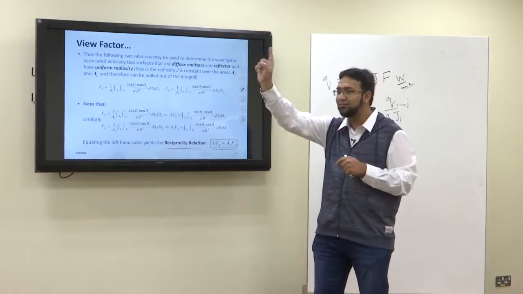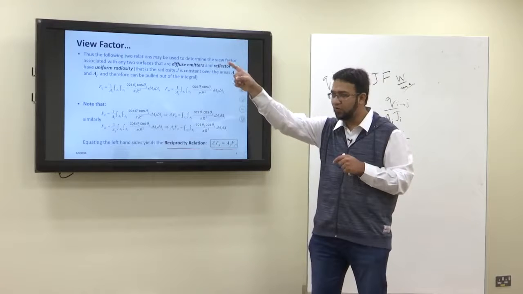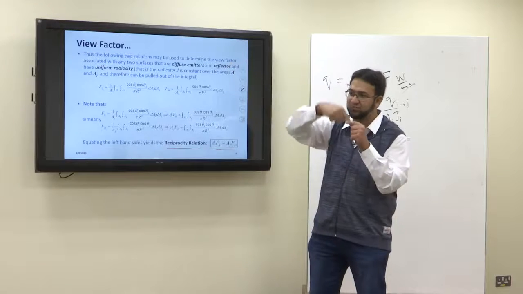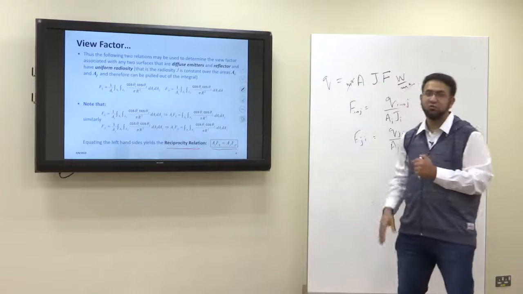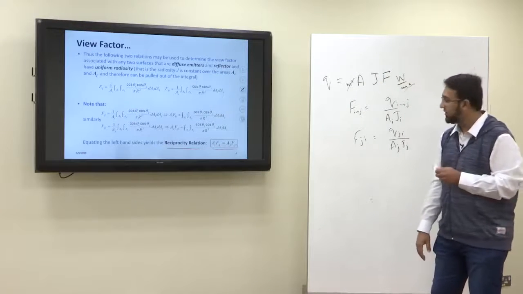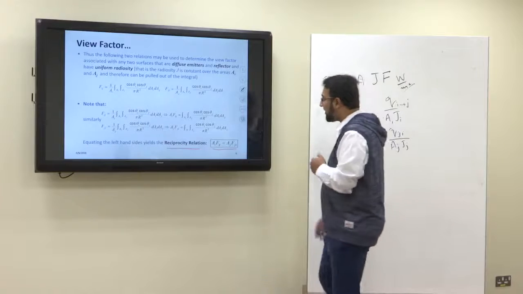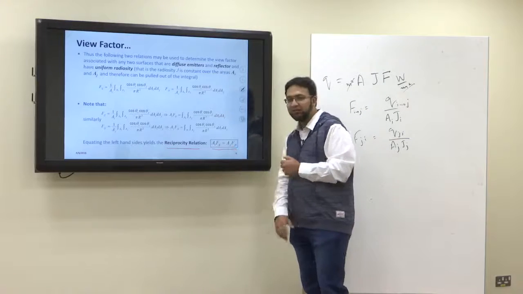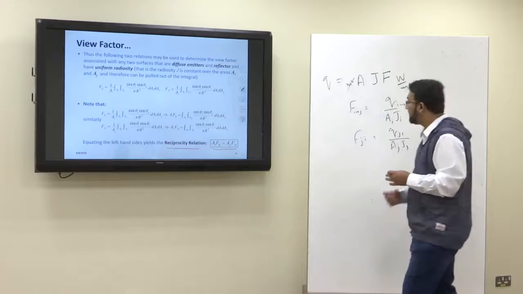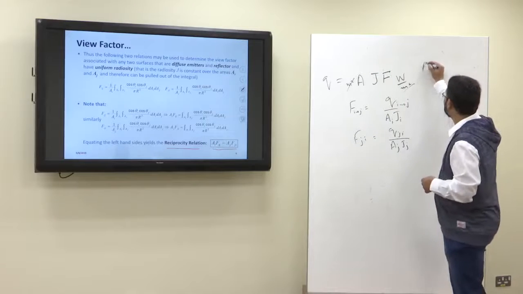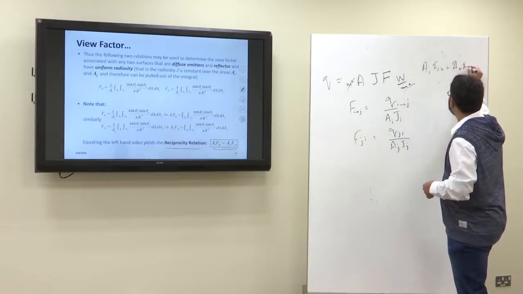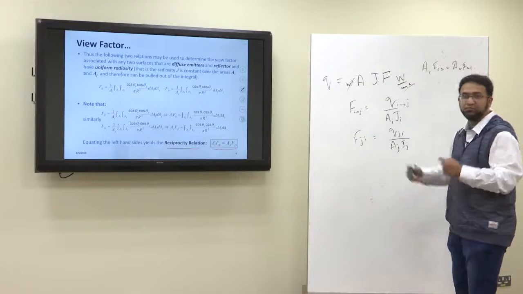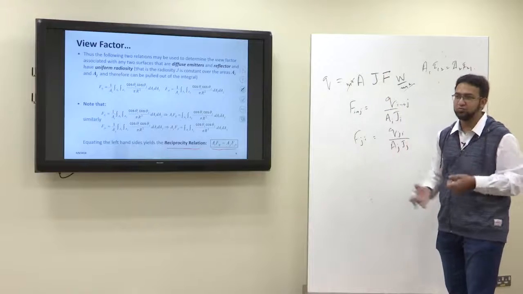Similarly, the area of that and the view factor of that surface with respect to this one. Both of them. So the product of these terms will always be the same. So Ai Fij is equal to Aj Fji. In other words, I can write A1 F12 is equal to A2 F21 if my surfaces are 1 and 2.